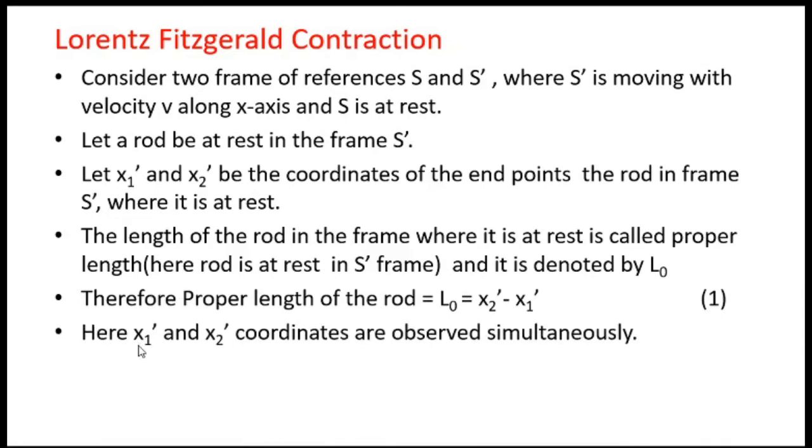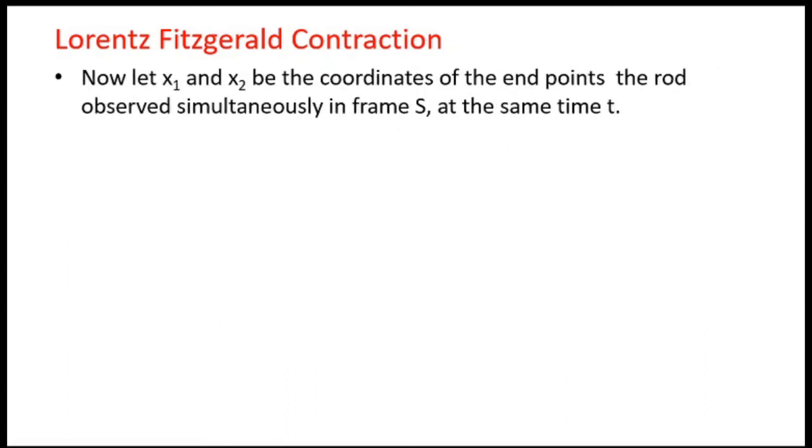Now here I have mentioned that x1 dash and x2 dash are the coordinates observed for the end points of the rod, and they are observed simultaneously, meaning at the same time. Now let x1 and x2 be the coordinates of the end points of the rod in the frame S, and these coordinates are also observed simultaneously at the same time t.